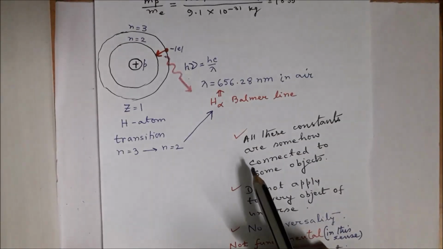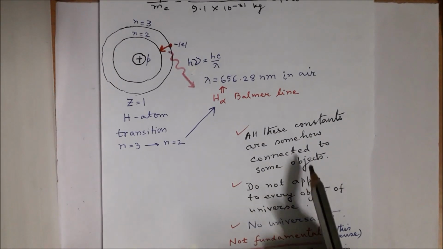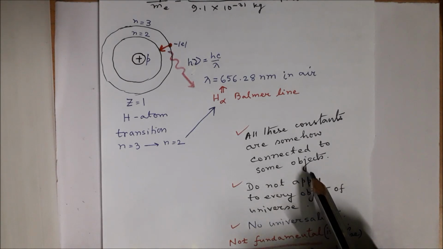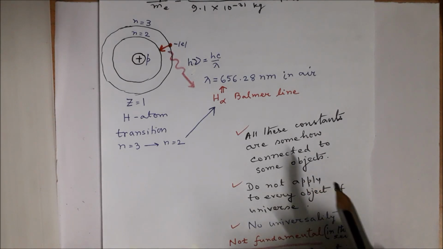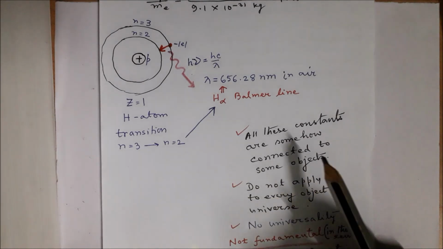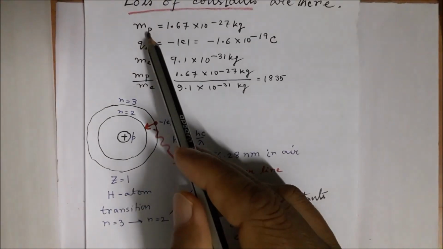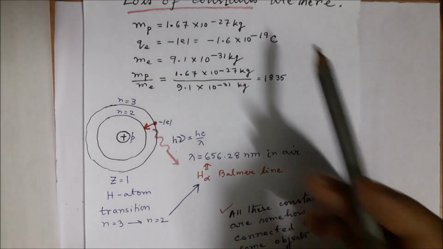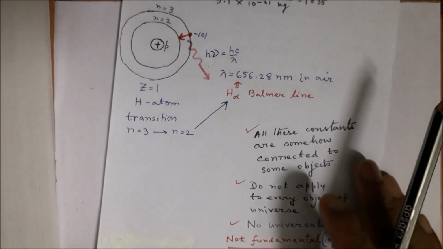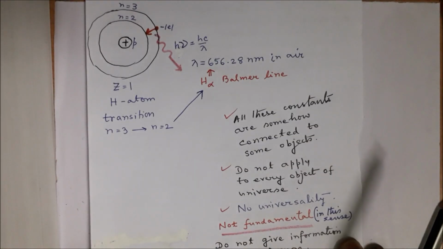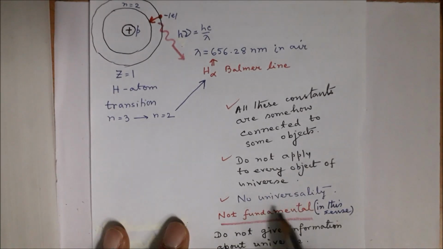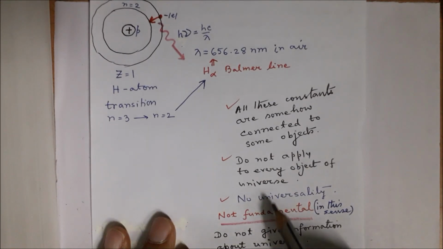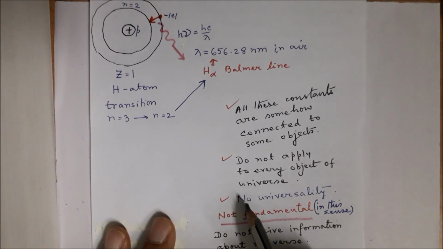So all these constants are somehow connected to a specific object, and they do not apply to every object of the universe. What is true for a proton is not true for a neutron or electron, and so on and so forth. So there is no universality, and in this sense they are not fundamental. They do not give information about universe.